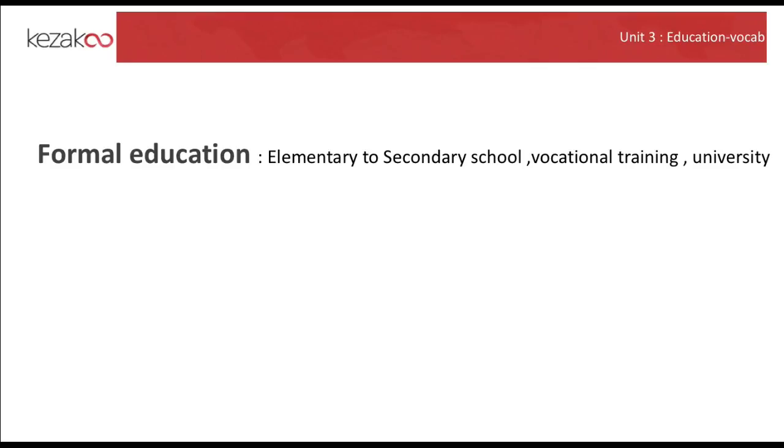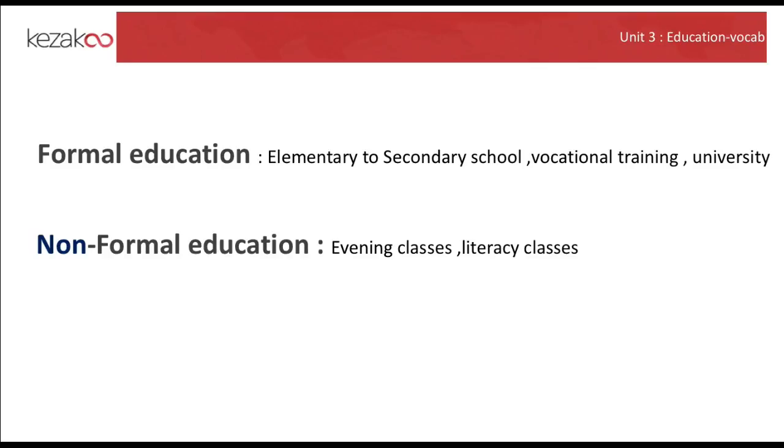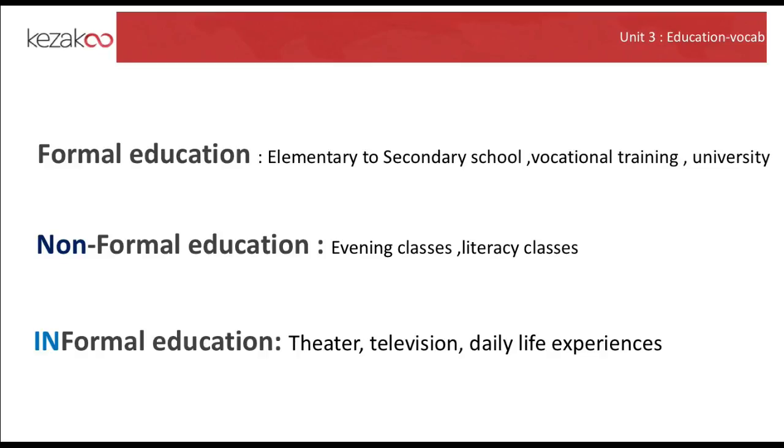We've also talked about non-formal education, and that could be evening classes or literacy classes. Why? Because they take also place in a classroom with a teacher and following a program, but they do not deliver a certificate or a diploma at the end. And then we also talked about informal education, and that we could acquire in theater, within television, or within every daily life experience.